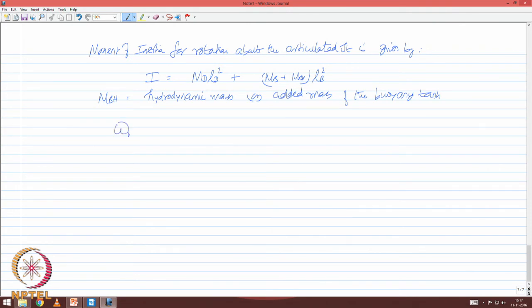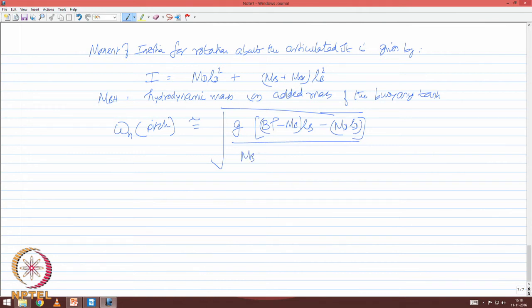Now, the frequency in pitch degree, because we are talking about rotation, is simply, approximately, the square root of g times ((Bρ − m_b) L_b − m_d L_d) divided by ((m_b + m_bh) L_b² + m_d L_d²).